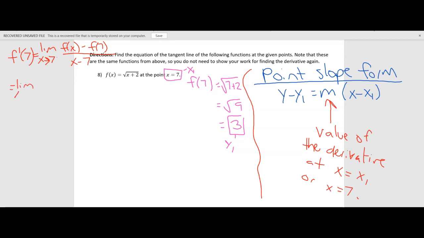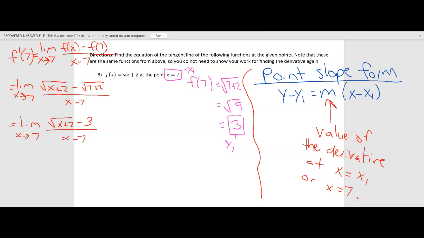So I've got the limit as x approaches 7 of the square root of x plus 2 minus the square root of 7 plus 2 all over x minus 7 is equal to the limit as x approaches 7 of the square root of x plus 2 minus 3 all over the quantity x minus 7.